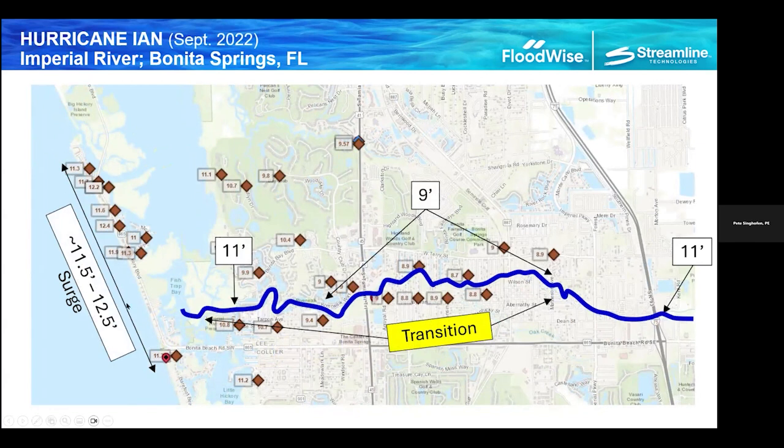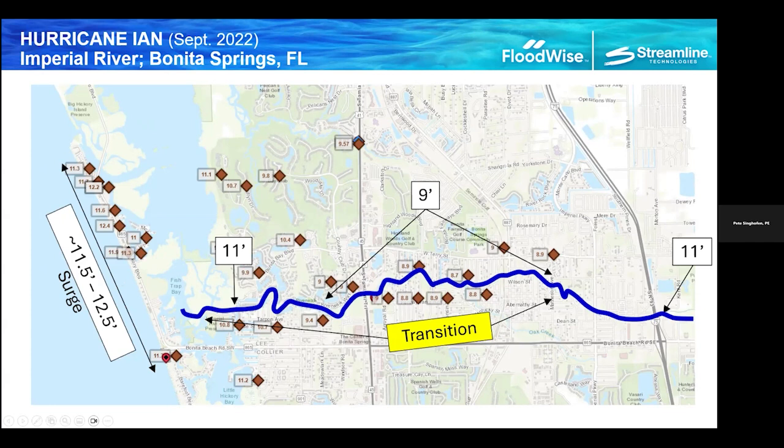Hurricane Ian, which was much different, the storm surge along Bonita Beach was between 11.5 and 12.5 NAVD. It was about 11 feet at the mouth of the Imperial River, and then that surge pushed up a good ways upstream in the river, so we had a much longer transition zone.